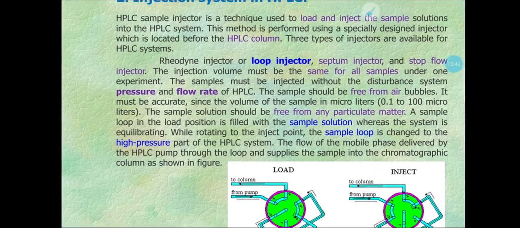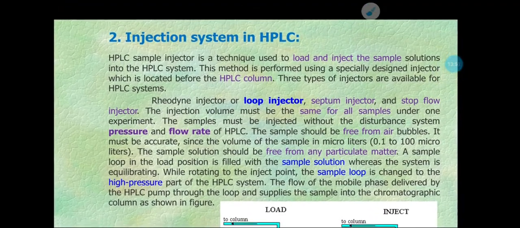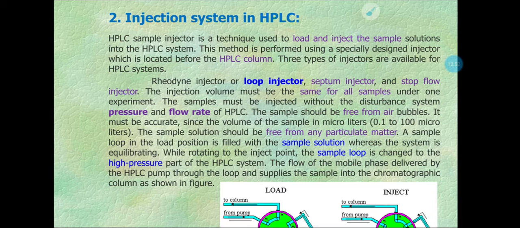The second major part of HPLC is the injector system. The HPLC sample injector is a technique used to load and inject the sample solution into the HPLC system. This is performed using a specially designed injector which is located before the HPLC column.